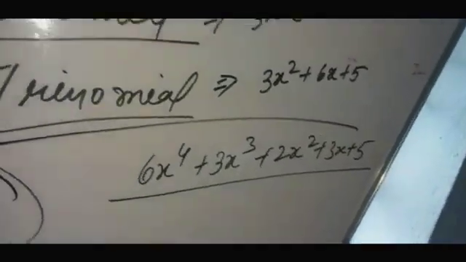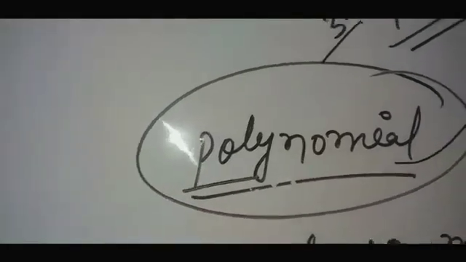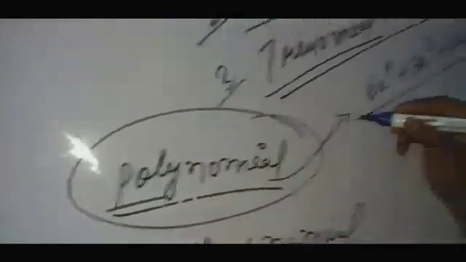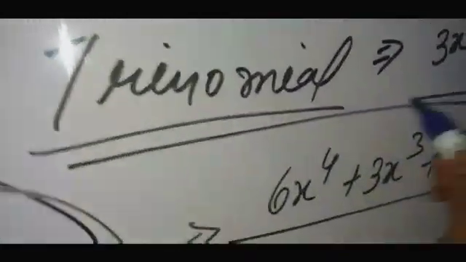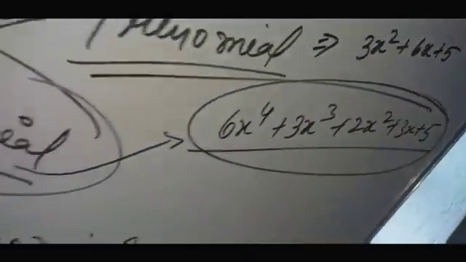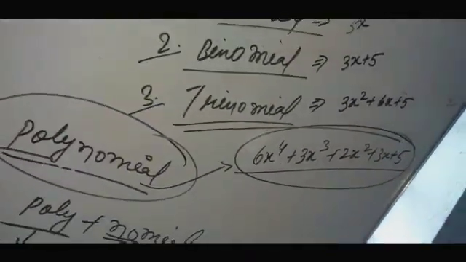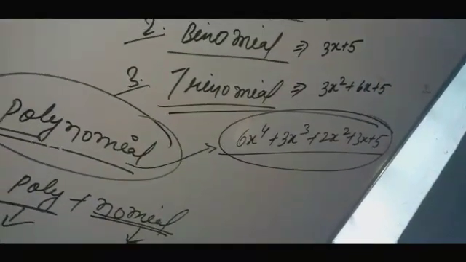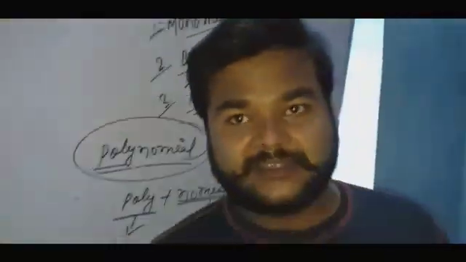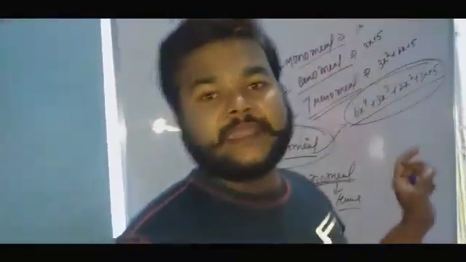We say that it's a polynomial, because it has more than two terms. Understand, students? Here we discuss what is the degree and power of the polynomial.